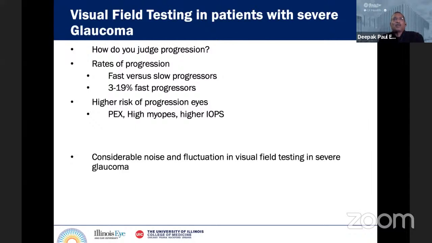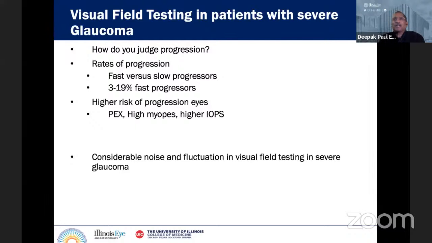Now, I also want you to understand that with severe glaucoma, there's a considerable amount of noise and fluctuation in visual field testing. So often you have to repeat tests to make sure that what you're seeing is a true change before you completely change your drug regimen or do surgeries trying to achieve intraocular pressures in the low teens or even in the single digits.